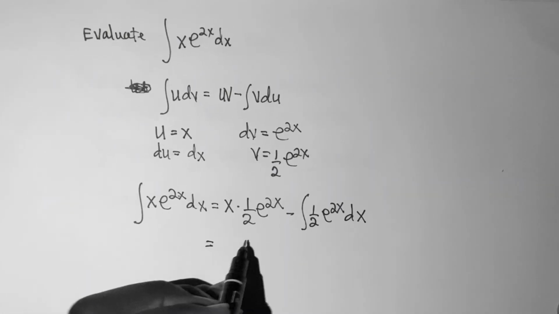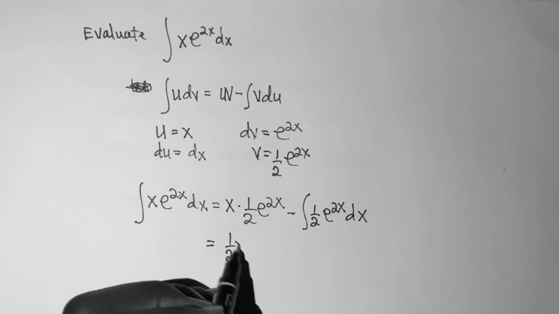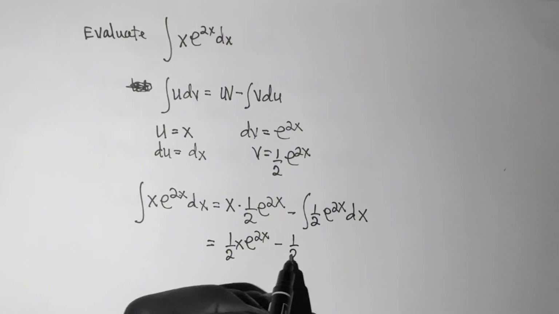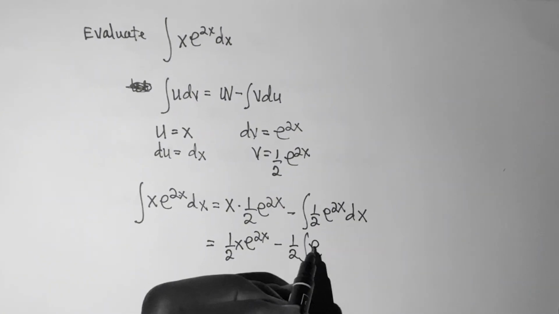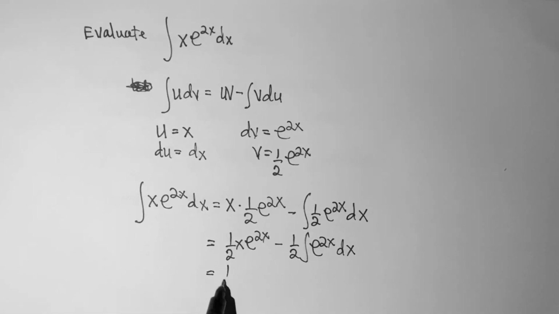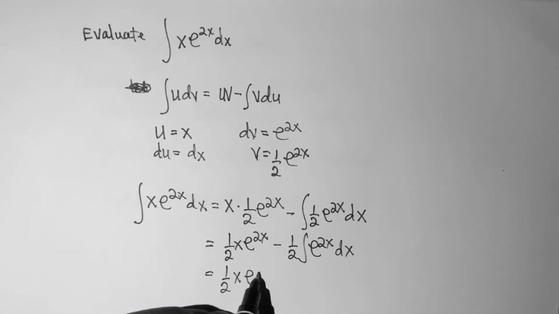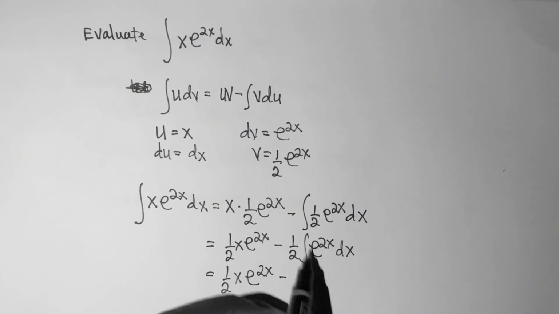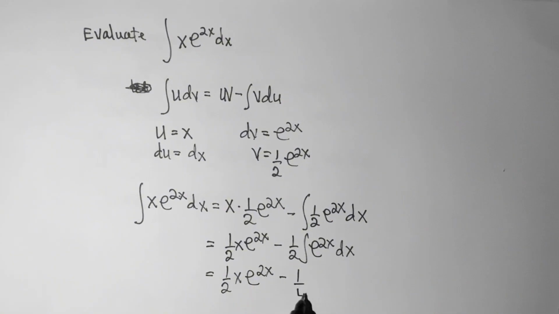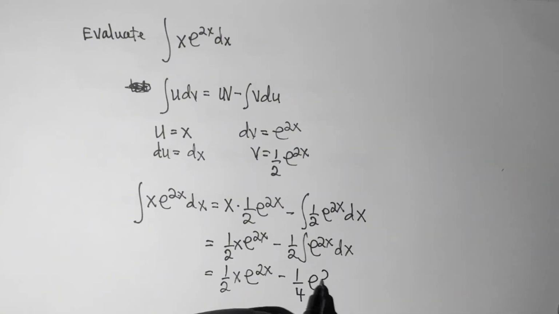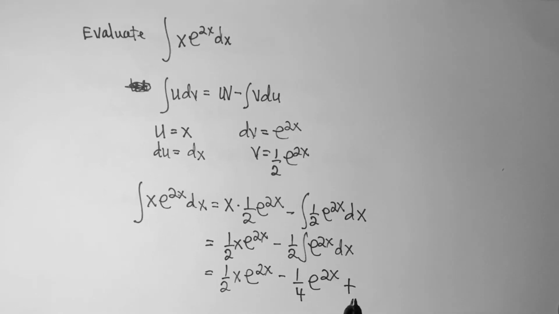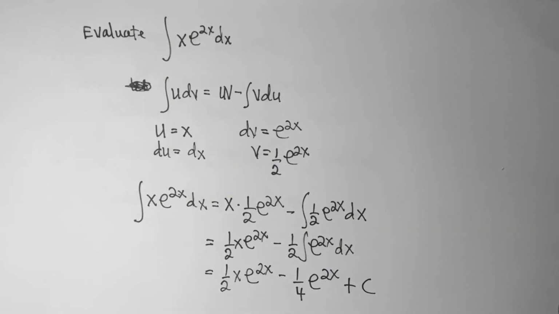So this is equal to half x exponent 2x minus, I'm bringing half out, integral of exponent 2x dx. So this is equal to half of x exponent 2x minus, now if you integrate this, you get 1 over 2. 1 over 2 times 1 over 2 is 1 over 4 exponent 2x, then plus the constant of integration, which is c.